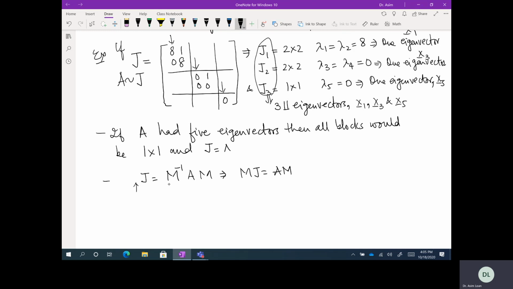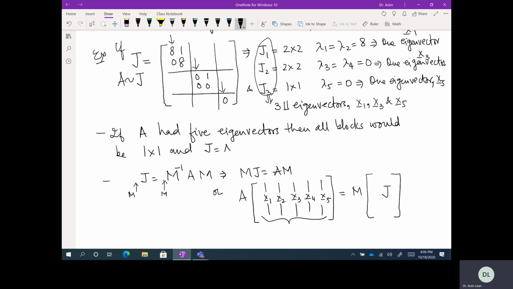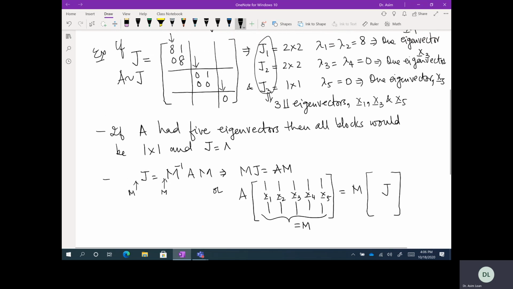I multiply M over here and over here, so I get MJ equals AM, or A times x1, x2, x3, x4, x5 equals M times J. Okay, so let me write J again: 8, 1, 0, 8, 0, 1, 0, 0, and 0.